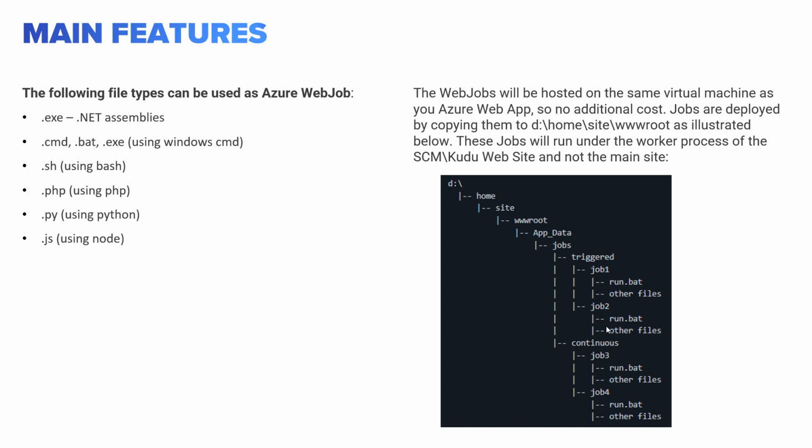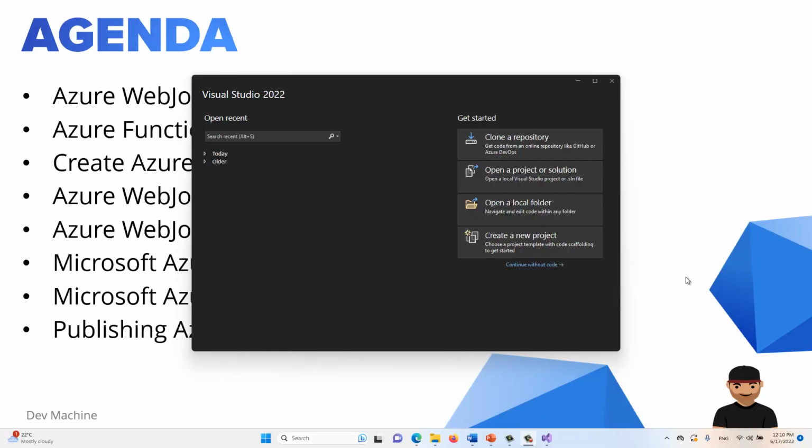Here are shown a few triggered and continuous jobs located in the jobs folder. In simple words, a WebJob is a piece of logic, as for example a console application, which can be run manually by clicking the run button on the Azure portal, or triggered on a schedule basis, or triggered when some event is fired.